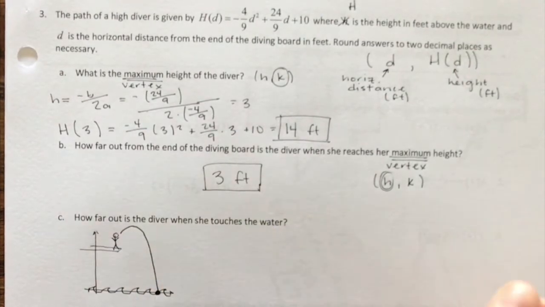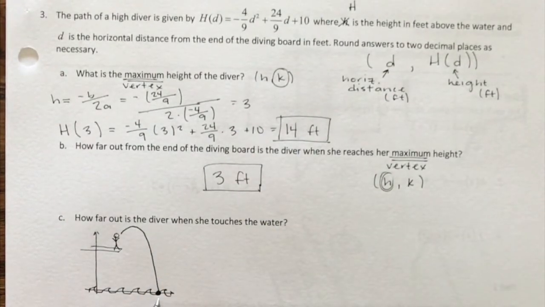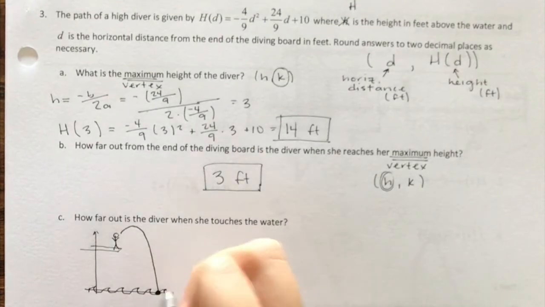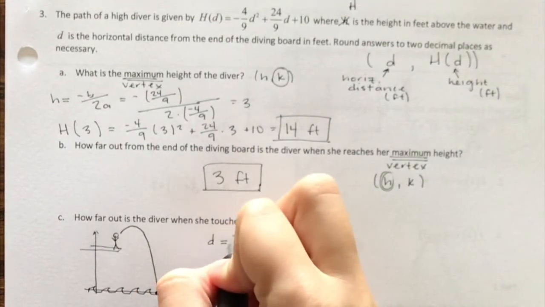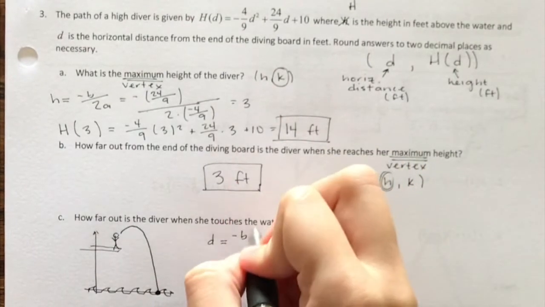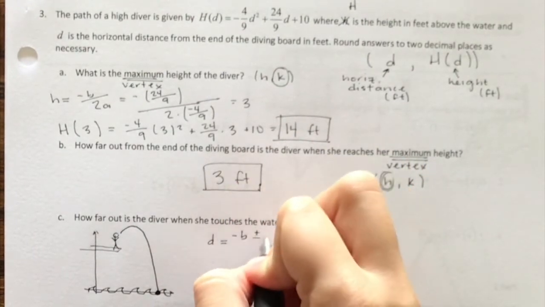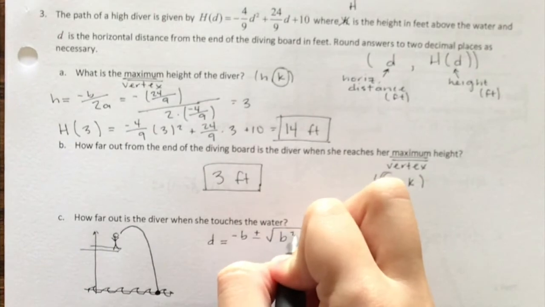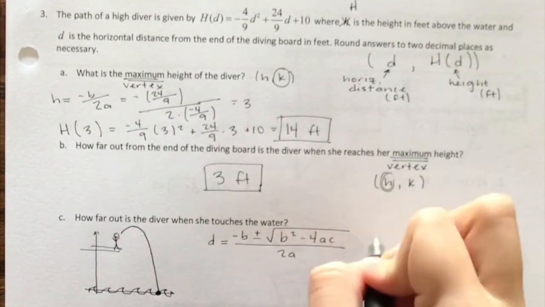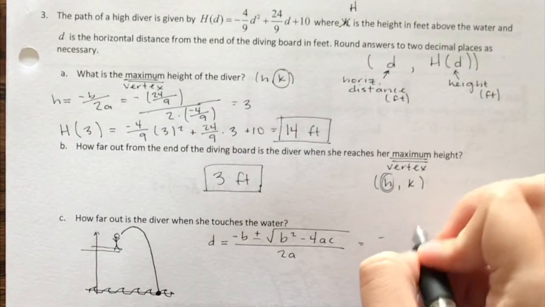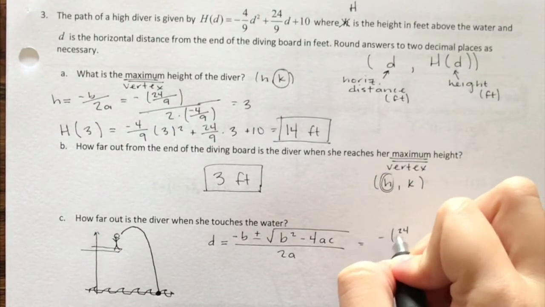So what is this point? That's our x-intercept, or in this case, our d-intercept. So how do we find our d-intercept? With the quadratic formula, handy dandy. B here is 24/9.